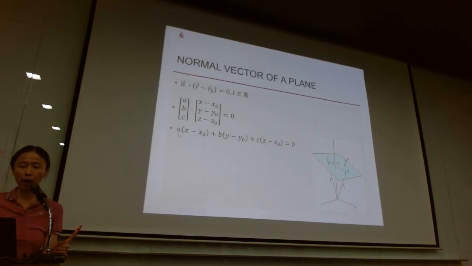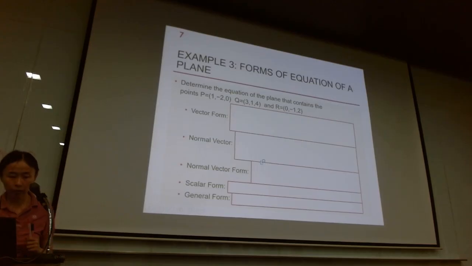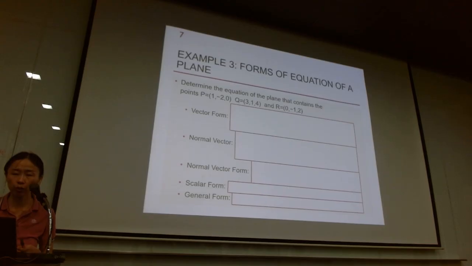So when I use the normal form here, if you multiply it out, it will be very similar to a general form of a plane. Because you can write x equal to something else, y equal to something else, because d will be equal to ax0 plus by0 plus cz0. So it is very similar to the previous question, where I asked you to write an equation for a plane.